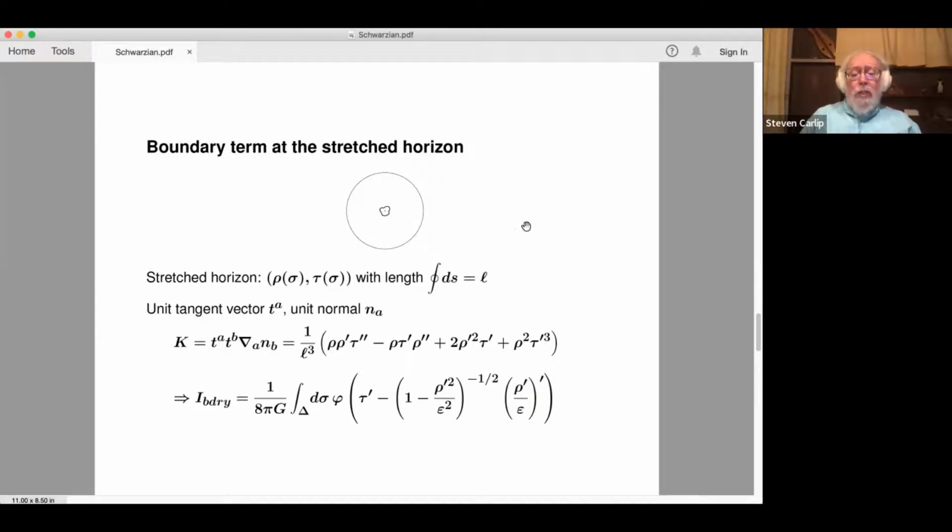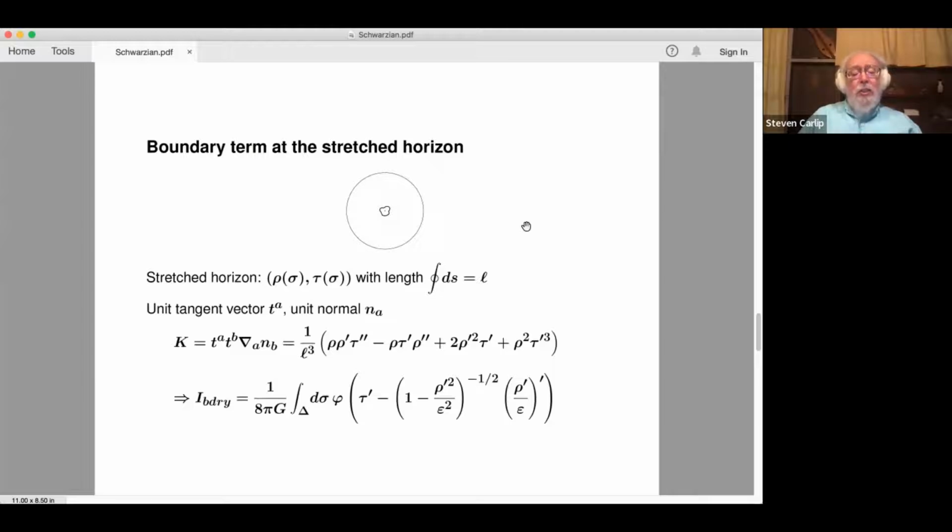So how do you compute this? I'm just mentioning this quickly because it took me a few days to figure out that it was actually a very simple calculation. You describe this stretched horizon by just giving a parameterized curve. The coordinates are rho and tau, and you give rho and tau as functions of sigma, some parameter.